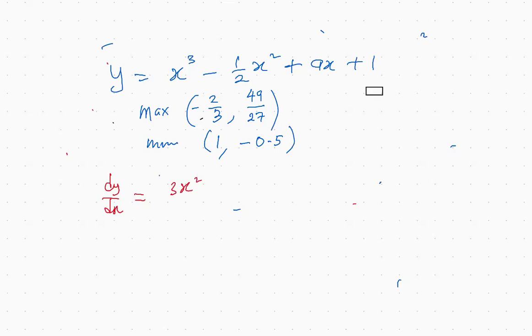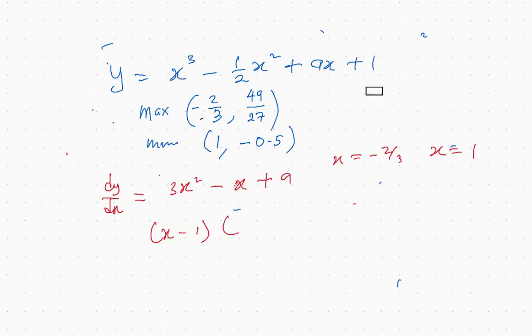Before I differentiate that, so you know x equals minus 2/3 and x equals 1 for both the maximum and minimum. So that gives you factors (3x + 2) and (x - 1), everything equals 0.